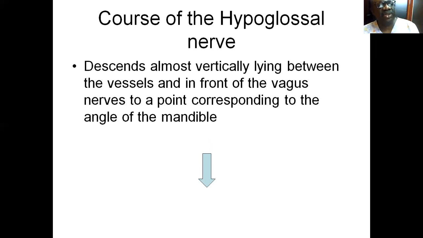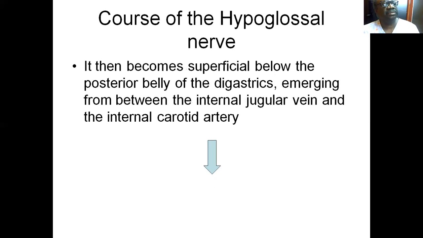It then descends almost vertically, lying between the vessels and in front of the vagus nerve to a point corresponding to the angle of the mandible. It then becomes superficial below the posterior belly of the digastric, emerging from between the internal jugular vein and the internal carotid artery.